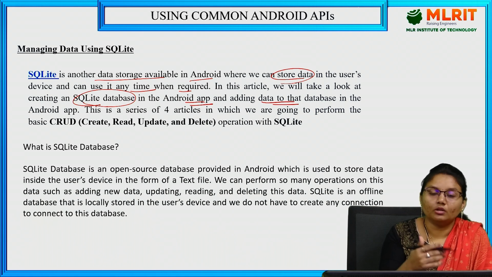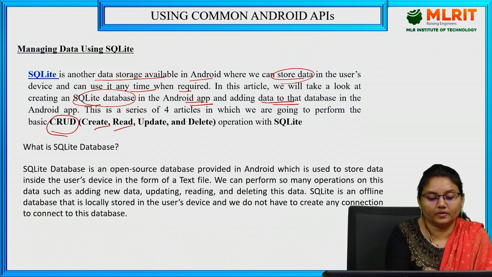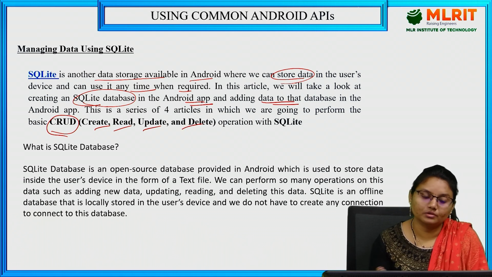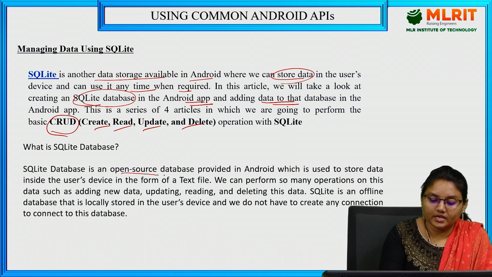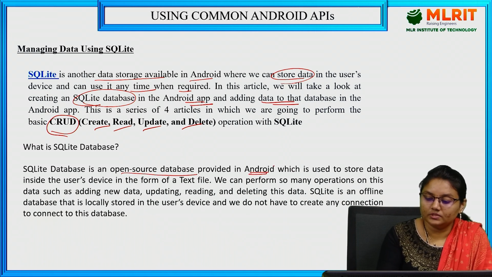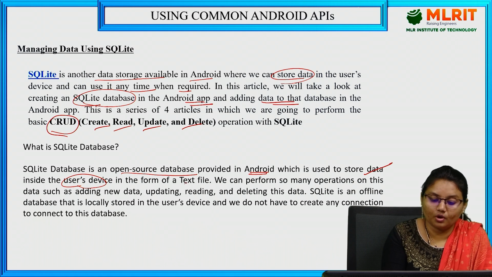We can also perform different CRUD operations. CRUD means create, read, update and delete operations in SQLite. Now what is an SQLite database? It's an open source database provided in Android, which is used to store the data inside the user's device in the form of a text file.